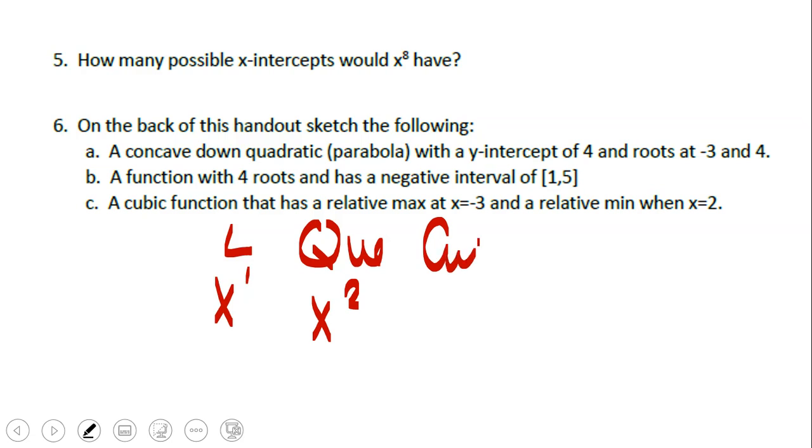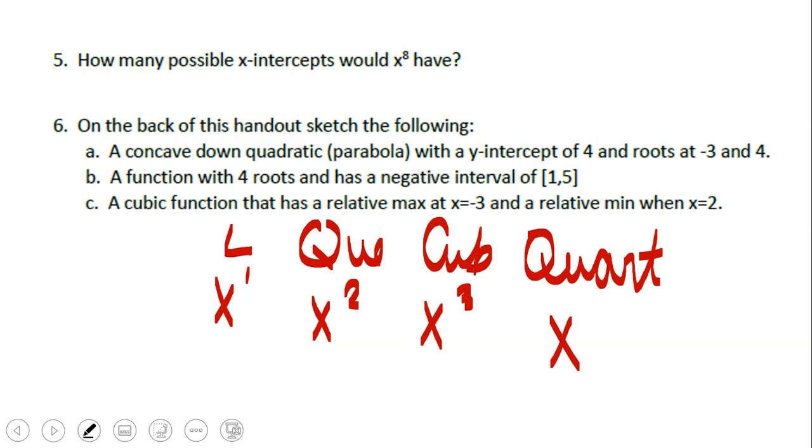That a cubic was x cubed and had 3 possible roots, or x-intercepts. That a quartic was x to the 4th and it had 4 possible roots. This x to the 8th, if it was a function, would not have a specific name, but we would know that it would have 8 possible x-intercepts.